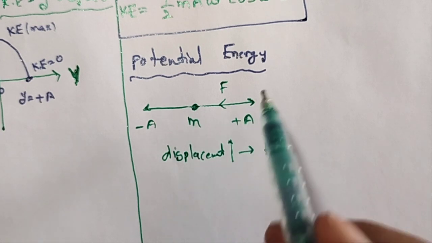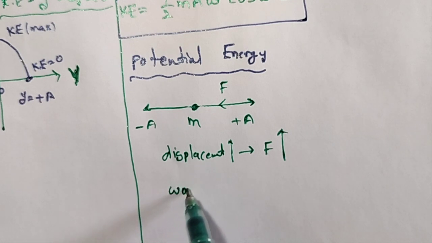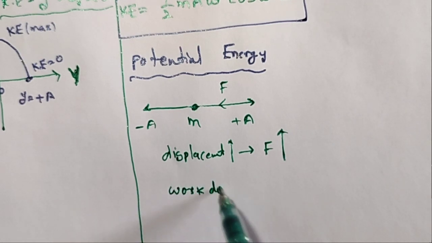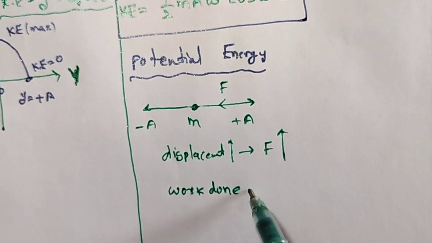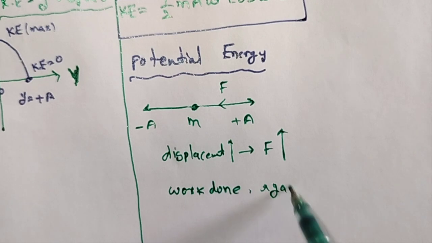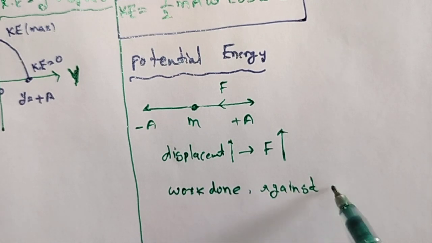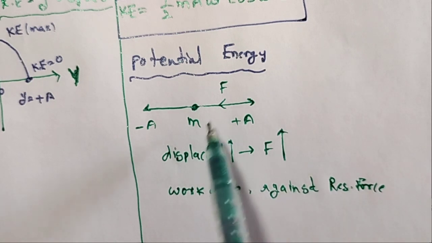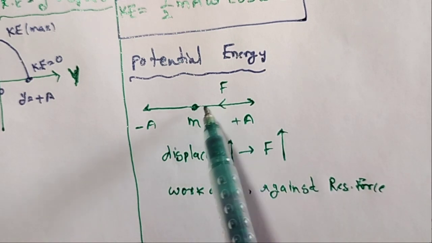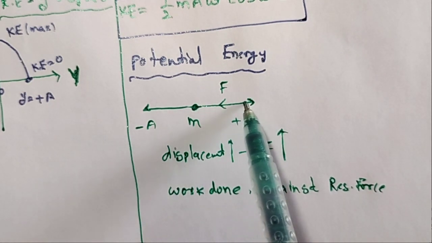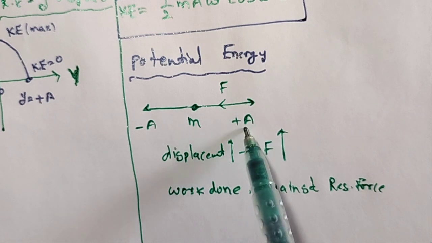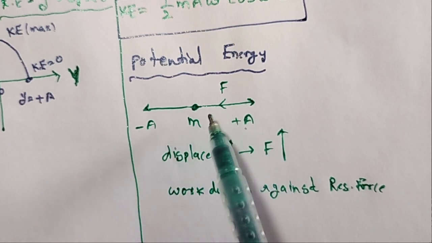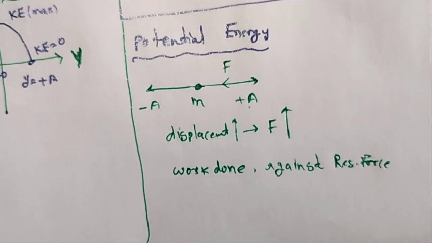So when some work is done producing displacement against the restoring force, the object is moving to the positive extreme position, opposite to the restoring force.